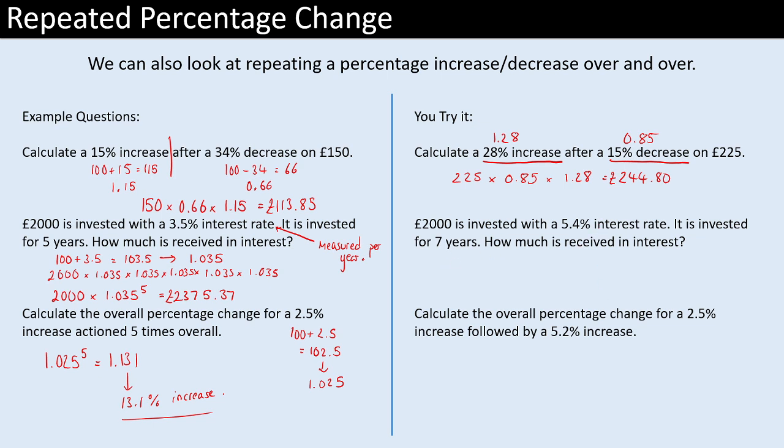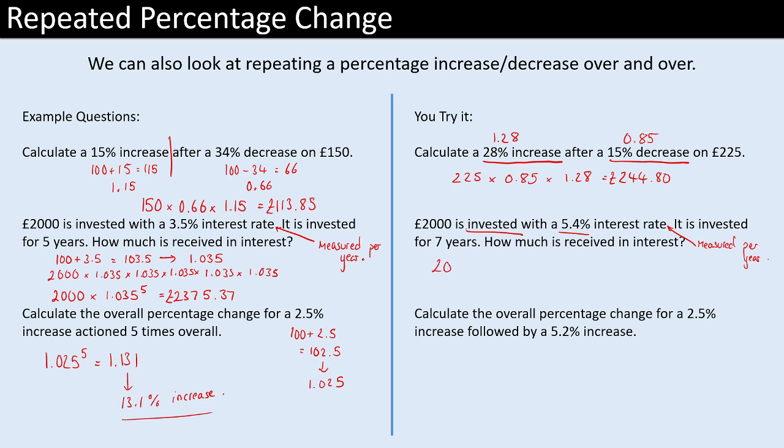This is a compound interest question, like a very standard compound interest question. We're investing, so we're expecting things to grow. We've got a 5.4% interest rate. Again, this should say measured per year. And it's invested for 7 years.